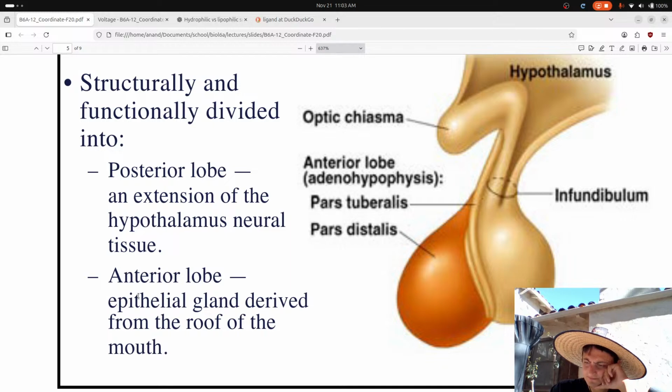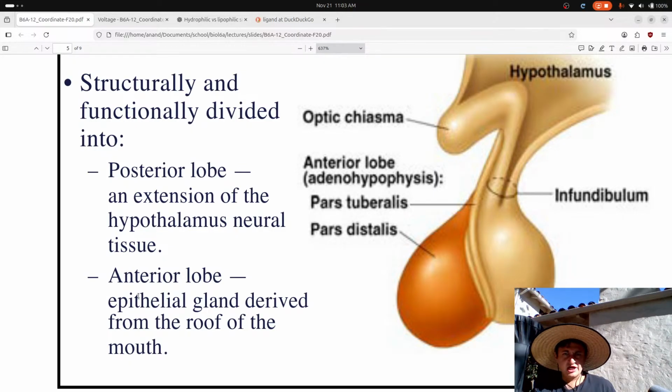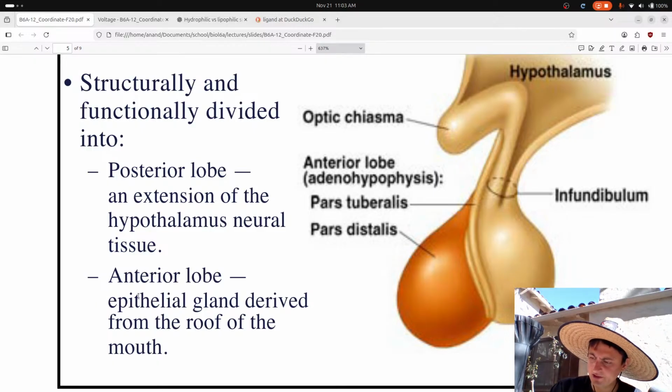Pituitary is the master gland, which is under the hypothalamus. Divided into the posterior and anterior lobes.